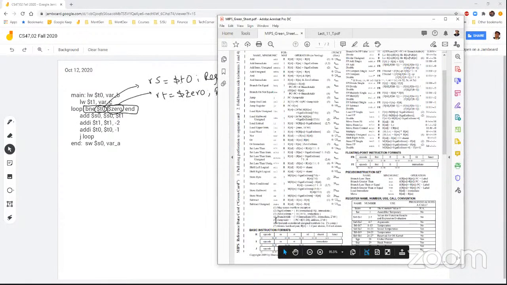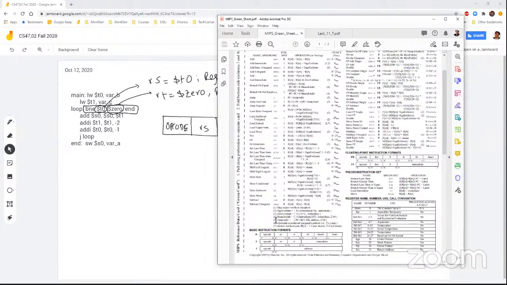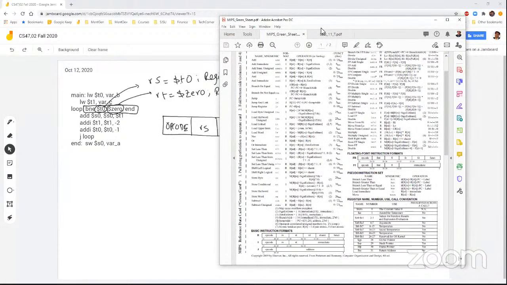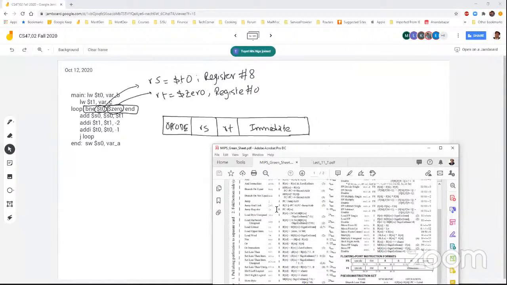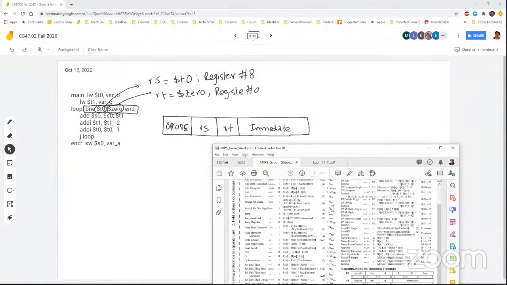So it's practically opcode, followed by RS, followed by RT, followed by immediate. Your opcode you can get from here. BNE is 5 hex.